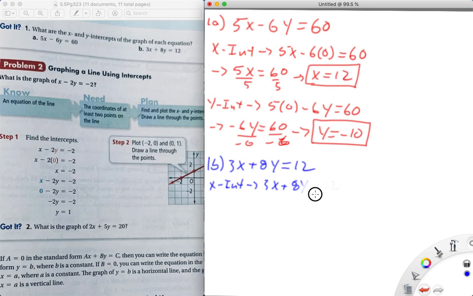Oops, 8 times 0 equals 12. So then that's going to be 3x equals 12, divided by 3 on both sides. X equals 4.